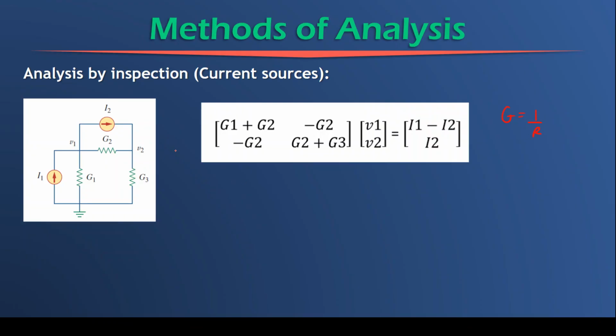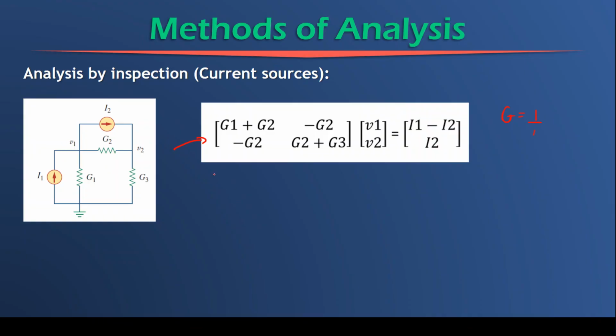So if you look at the matrix that is formed, we will go step by step to determine how we get to this matrix. The first step is for us to get an expression of how you would express the voltages and currents in this particular circuit.